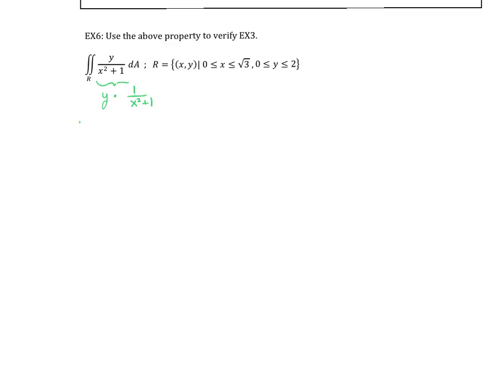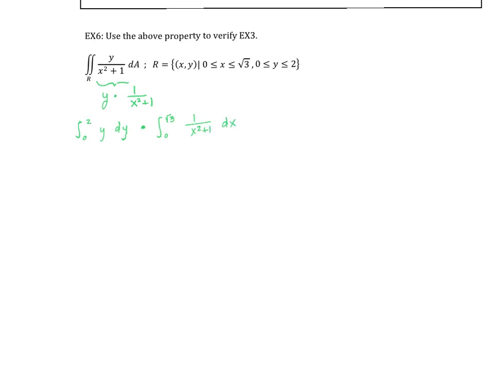Since I have y written first and y was from 0 to 2, I could write this as the integral of y dy times the integral with respect to x, which was from 0 to square root of 3, of 1 over x squared plus 1.